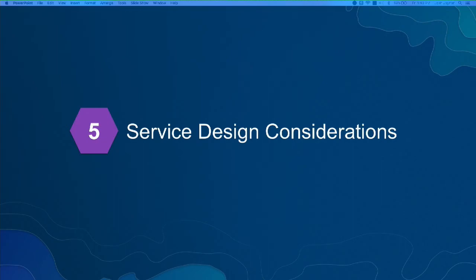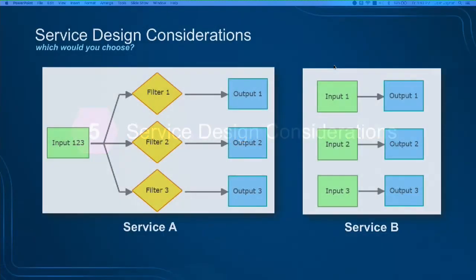Thanks, Adam. So in terms of service design considerations, we looked at an example earlier that was showing how the initial input can actually increase depending on how your service is designed. This is a slightly different example we want to look at here. On the left-hand side, we actually have two services.